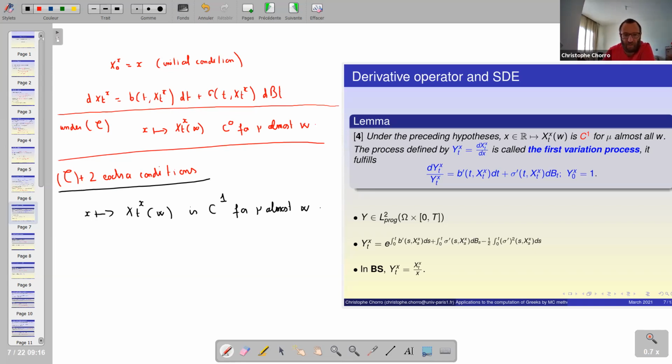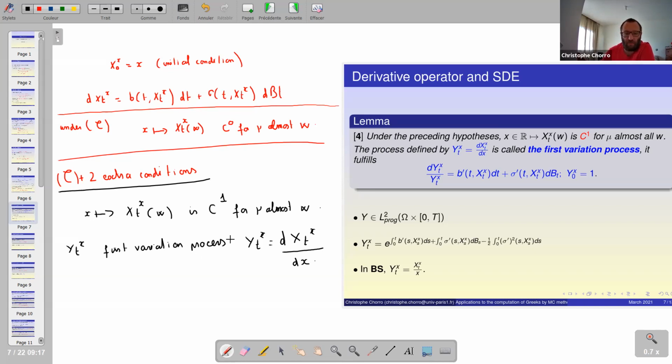So I can define in this way what I will call the Yt of x, that is the first variation process. That is defined this way. Yt of x is just the derivative of this mapping with respect to my initial condition, that is d of Xt of x over dx.